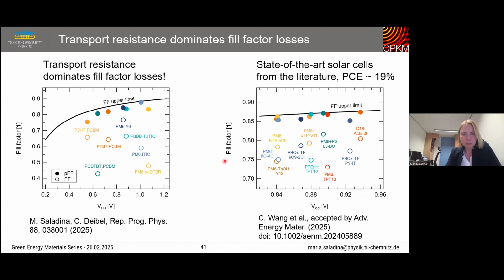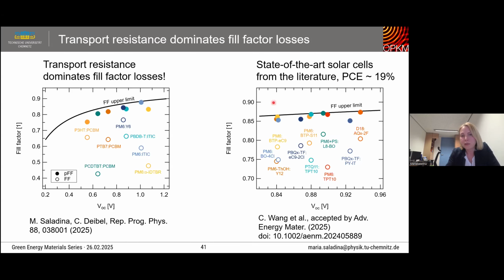And recently, we wrote a perspective with amazing collaborators on the same topic. It got accepted today. Congratulations, Chen, if you are listening. There we took data from the literature, just the open circuit voltage and the ideality factor, and by using the Green equation, we were able to estimate the pseudo fill factor of the solar cell.